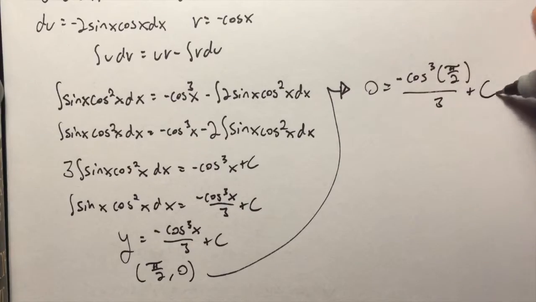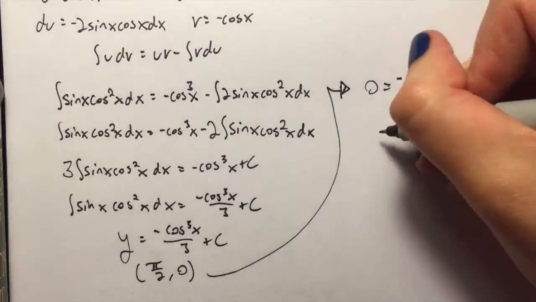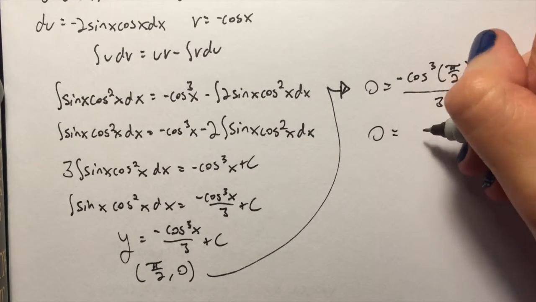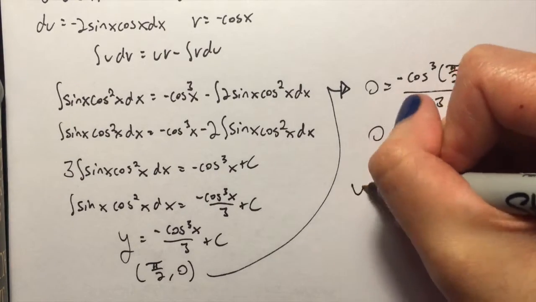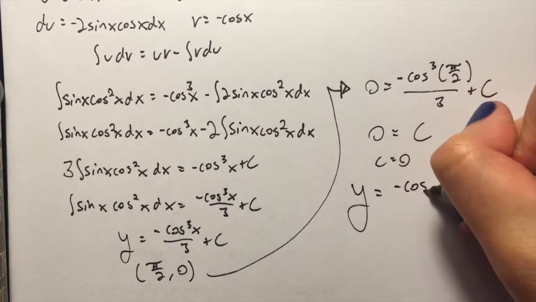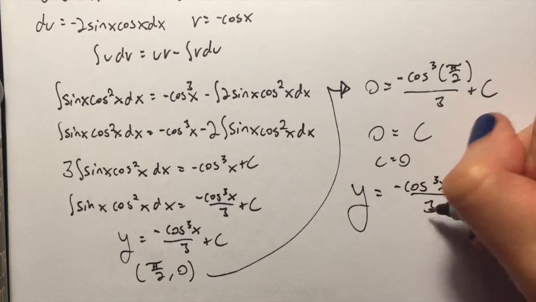Because cosine cubed of pi over 2 is equal to 0, you know that your constant is just going to be equal to 0. This means your final equation will just be y equals negative cosine cubed x over 3.